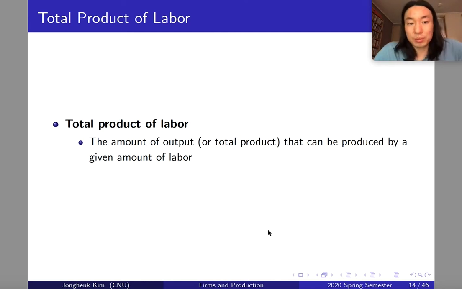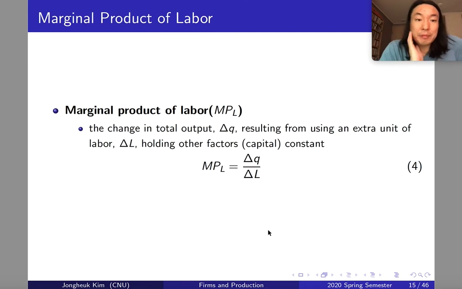Okay, so the total product of labor is defined easily, but the problem is the marginal product of labor, which is a little bit complicated to some students. So it is defined by the change of total output. So now we can invite the delta.